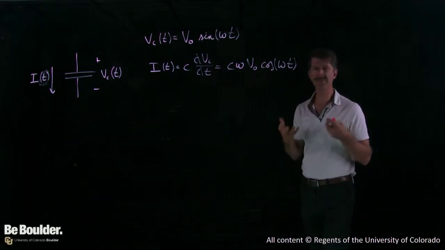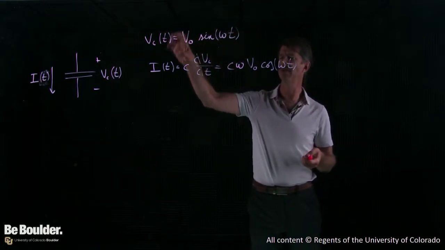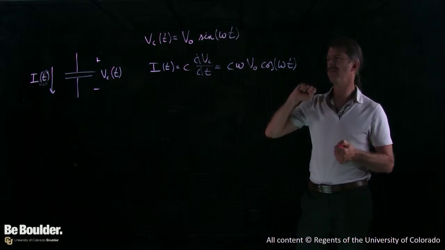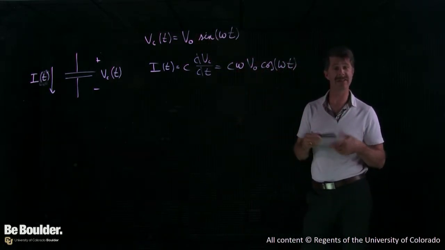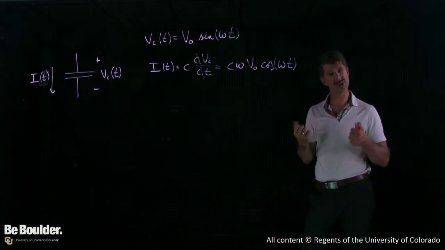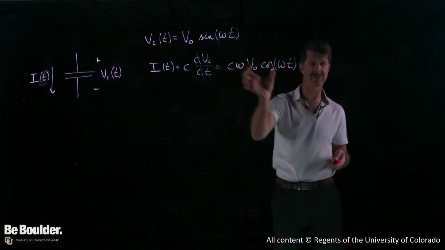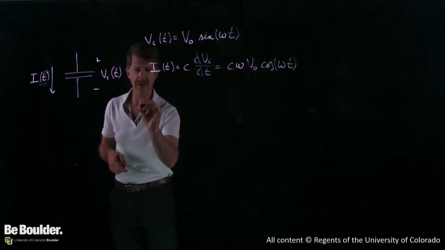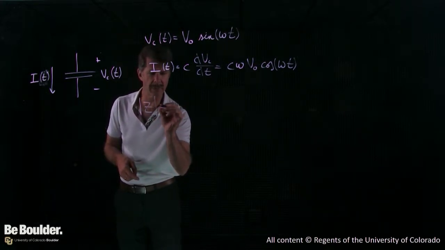But there's an amplitude of this sine wave and an amplitude of this cosine, that's the current, and the ratio of those might have a character like resistance. And it turns out it does. It's a concept called impedance, but it can keep track of the fact that these functions are different. We don't have all the math to write that down, but I can write it down in a way that is formally correct, and we can talk about it.